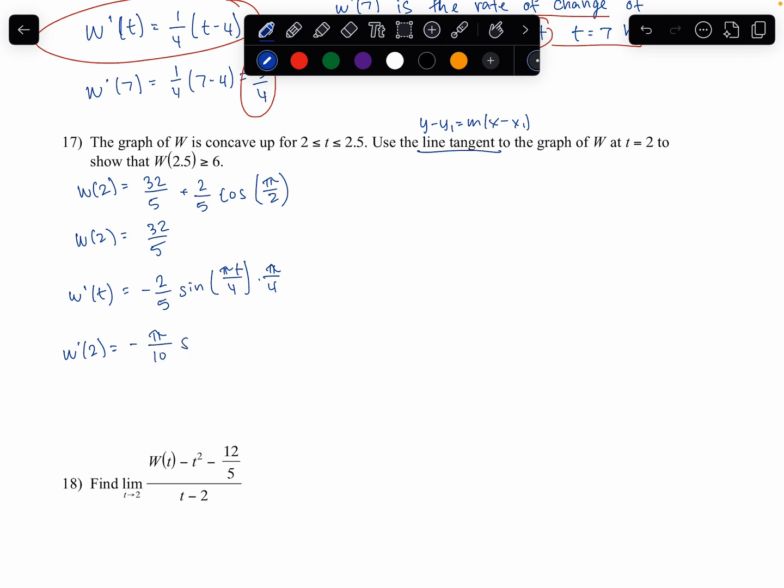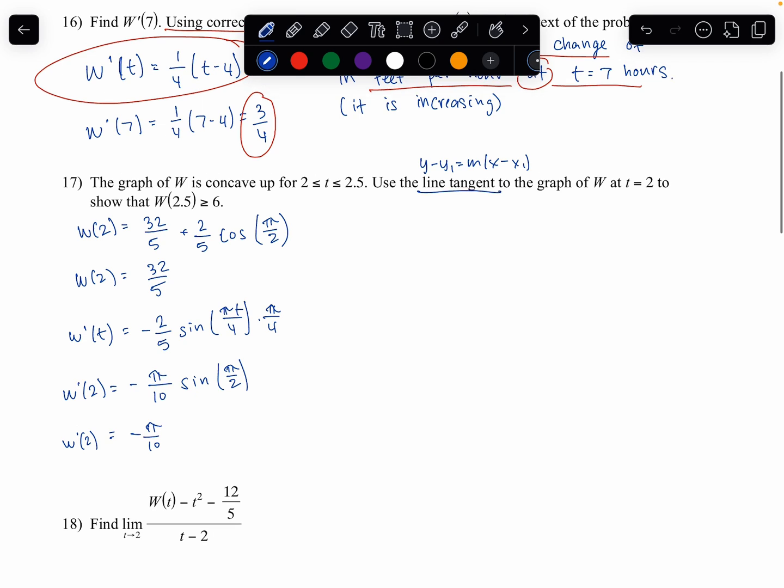Then I have sine, and when I plug in 2, that becomes pi halves, and sine of pi halves is 1. So W prime of 2 is equal to negative pi over 10. As for the tangent line, that's y minus 32 fifths equals negative pi over 10 times x minus 2. So here is our tangent line.